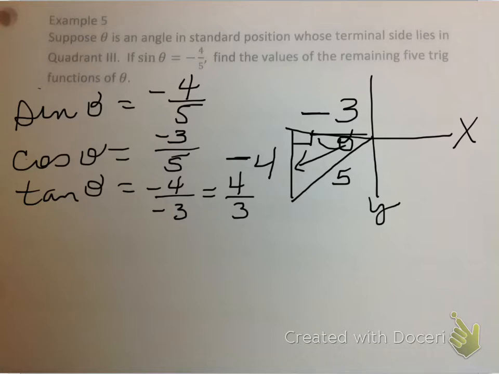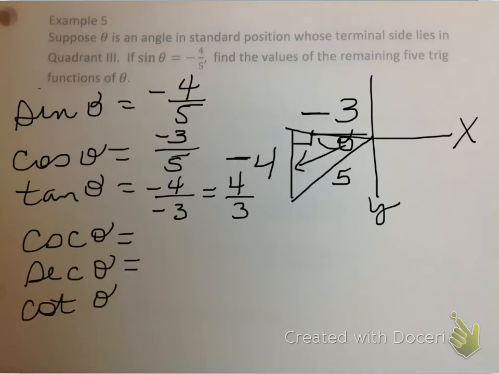So we need to find cosecant of theta, secant of theta, and cotangent of theta. Cosecant is just the flip, so it will be negative 5/4.